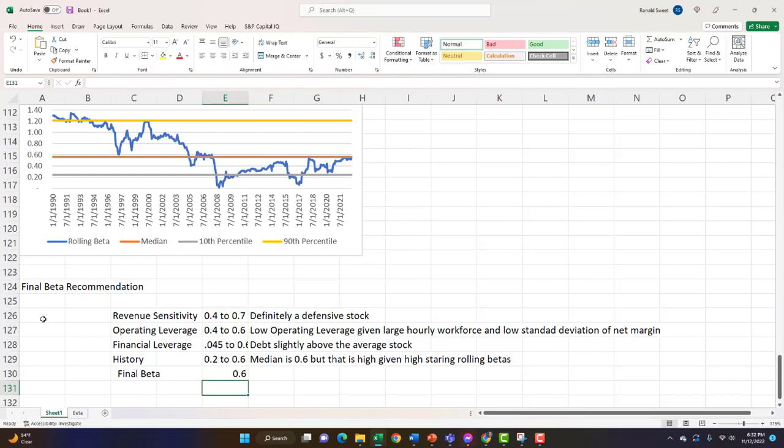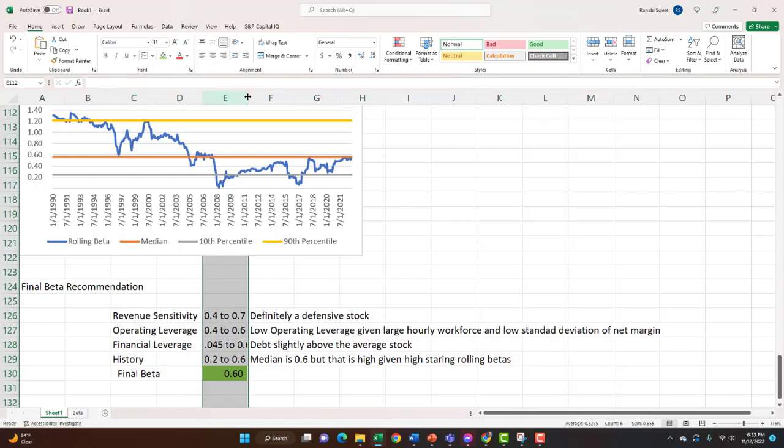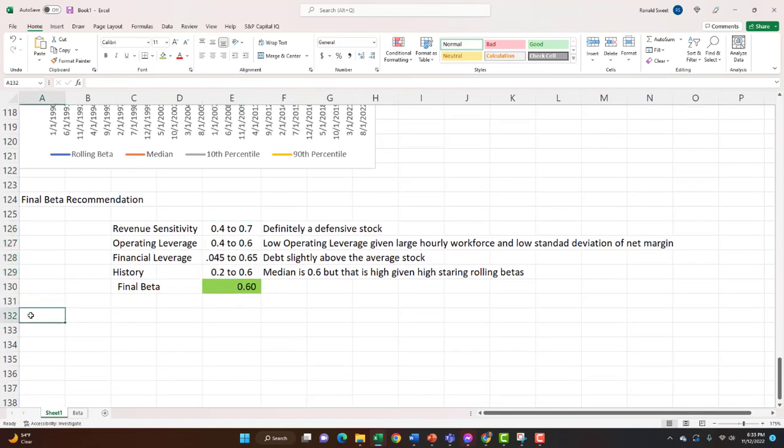So you might use 0.7, 0.8 as your worst case scenario with the highest beta, maybe use 0.4 as the best case scenario or lowest beta, but just have some basis for your final conclusion. And if you put all these down in your paper at the end with a summary table, then you get credit for having considered all four of them in your final answer, and you don't just look at the history chart and use that. So highly recommend you do that. And so this is my final discount rate.